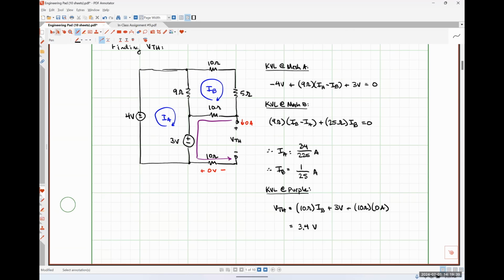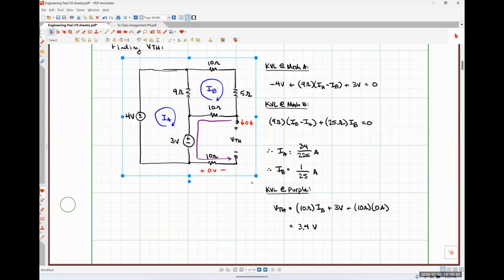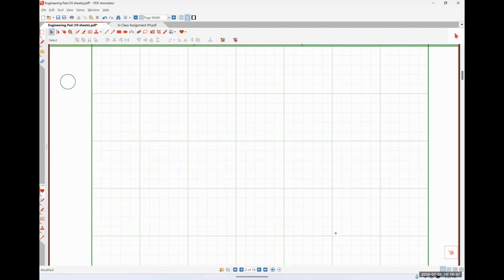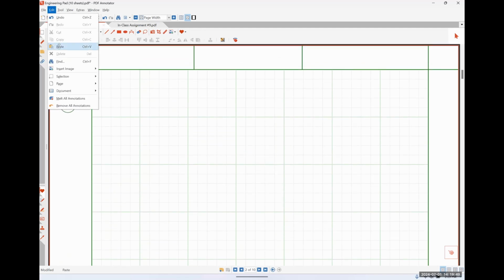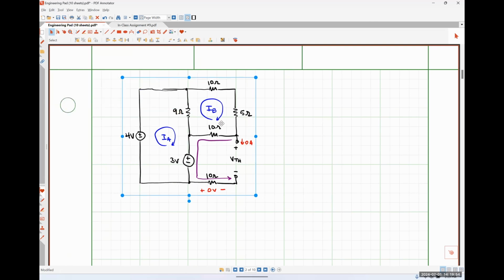So what I'm going to do is make a copy of this really quickly, and I'm going to talk about how I would do it. And the short answer is that I would choose to use nodal analysis.